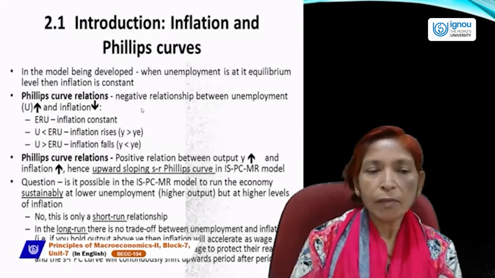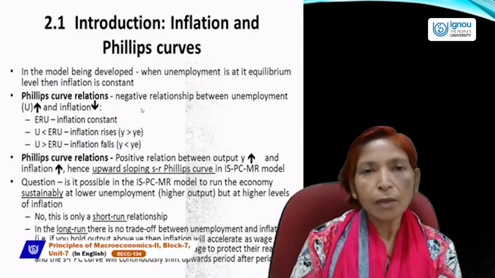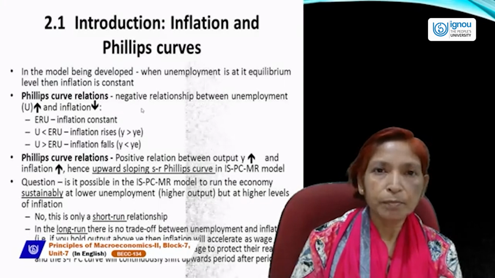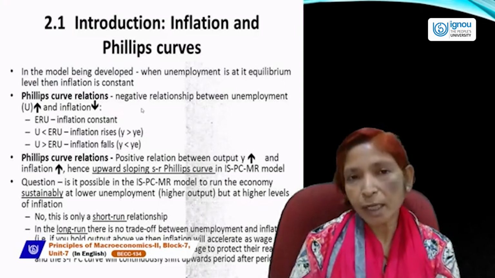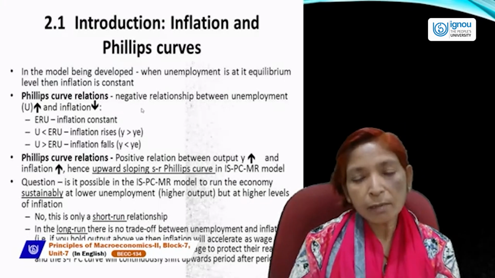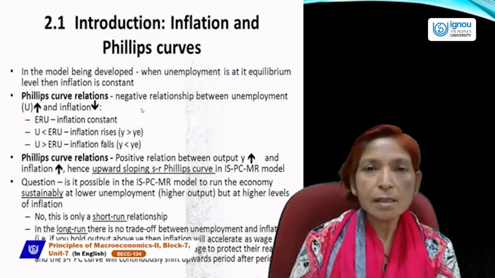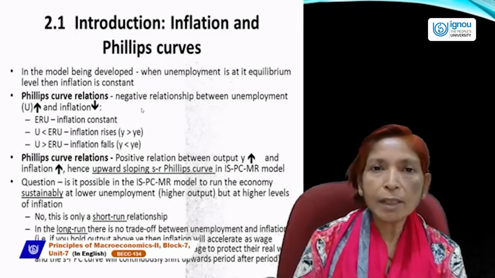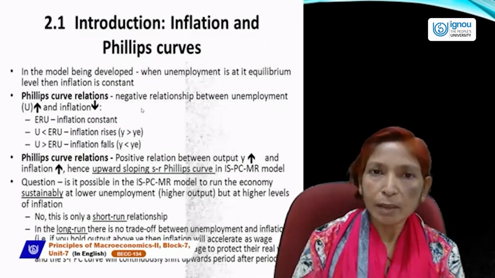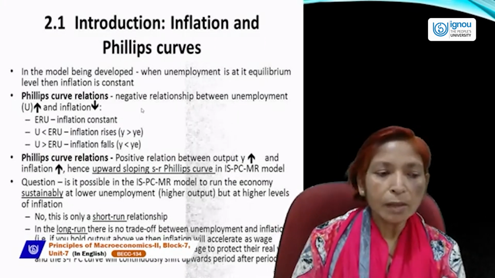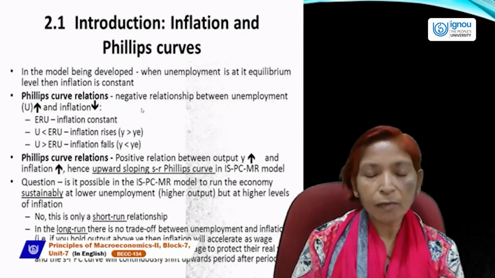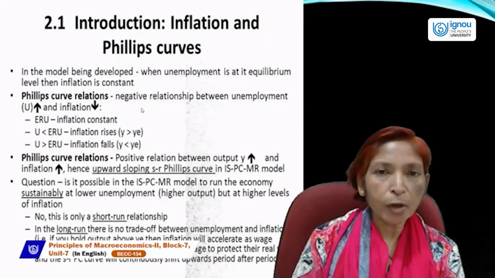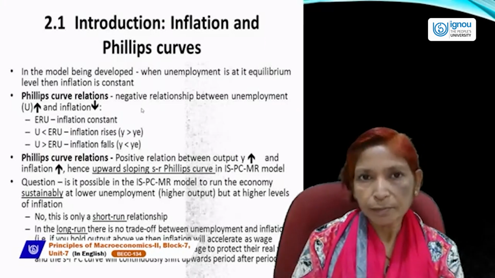The short run is a period in which some factors remain constant, and only one factor is variable, that is labor. But in the long run, we have too much time. If we have too much time, we can easily increase or decrease the output level. And in the long run, all the factors of production are variable. So in the long run, this trade-off or inverse relationship between inflation and unemployment will not exist.